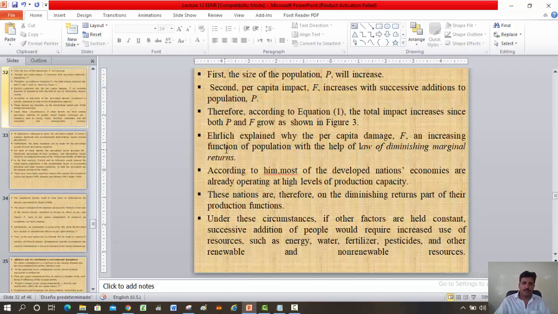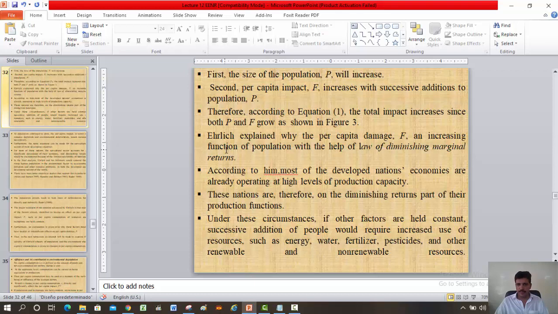It is explained why the per capita damage F is an increasing function of population with the help of the law of diminishing marginal returns. According to him, most of the developed nations' economies are already operating at high levels of production capacity. These nations are therefore on the diminishing returns part of their production functions.